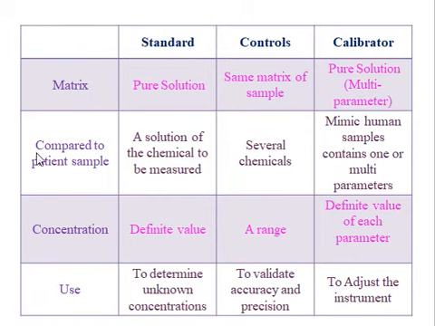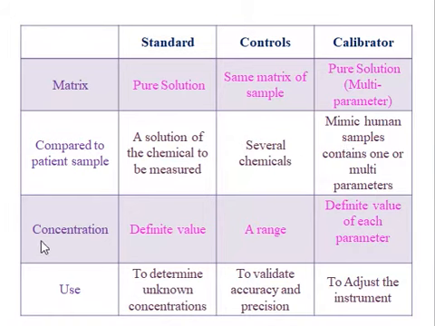In comparison with a patient sample, a standard is a solution of the chemical to be measured, while a control contains several chemicals. A calibrator mimics human samples or could be a multi-parameter solution.